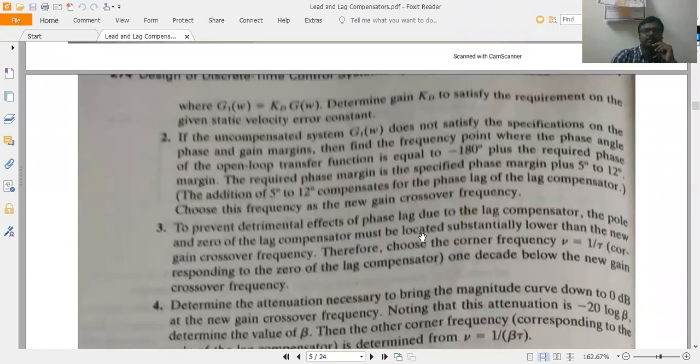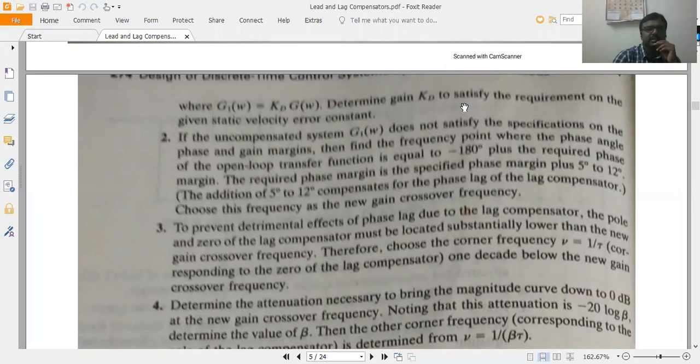For this, we have to determine the gain KD to satisfy the requirement on the given velocity error constant.